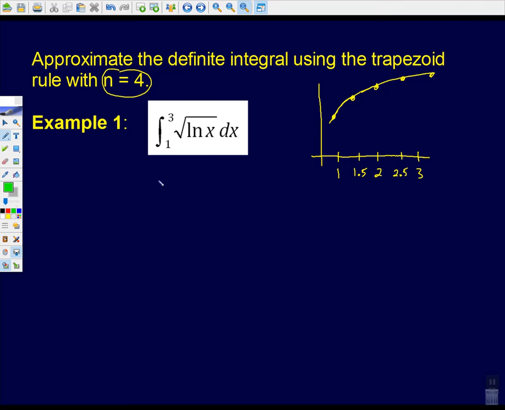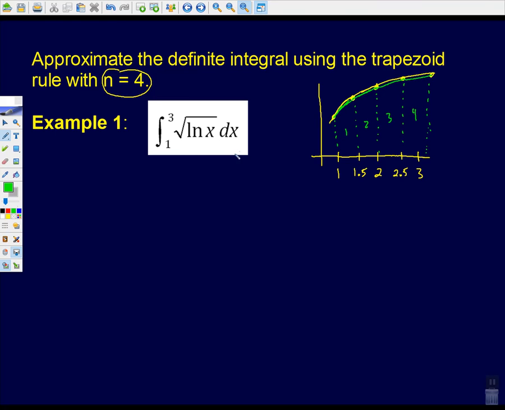Now let's take green to lay out the trapezoids, by connecting every 2 points with a straight line. Sorry, I'm going to miss my mark a little bit here, but there's going to be 4 trapezoids again.